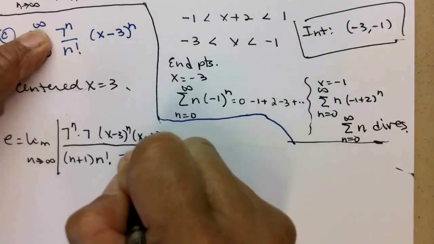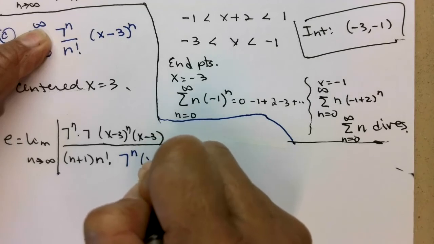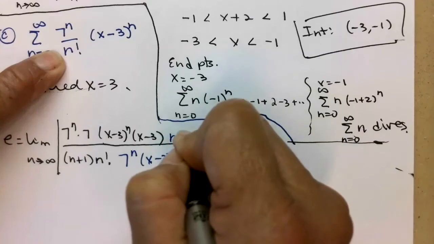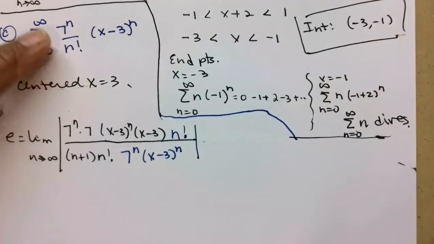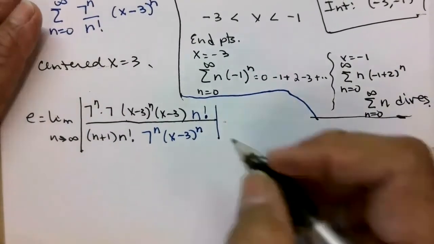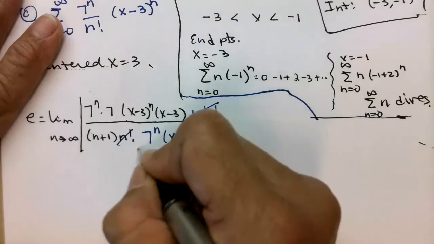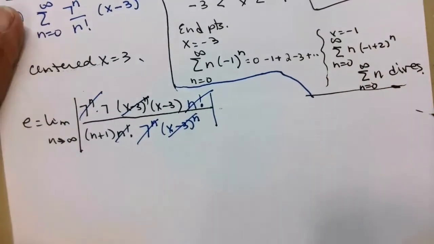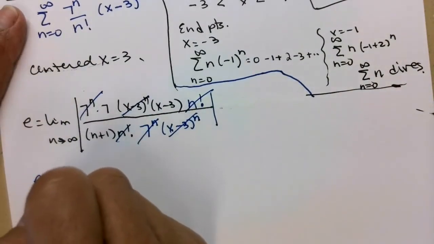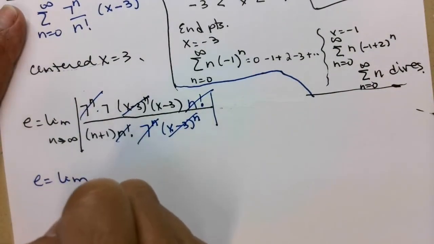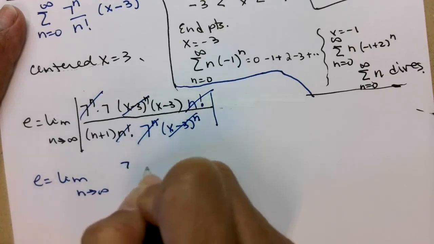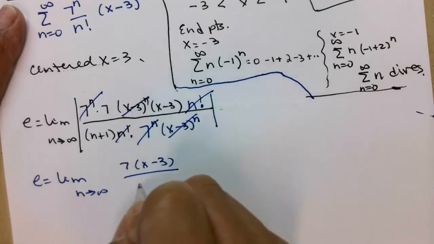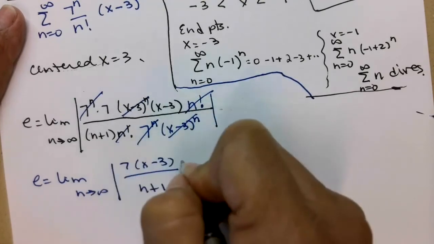So I'm going to have 7 to the n times x minus 3 to the n, and then n factorial pops up top. Cancel the commons, and there's a lot of them. Now rewrite because it's going to be a lot easier. Rho is the limit as n gets big. I've got a 7 on top and x minus 3 on top, and n plus 1 on the bottom.